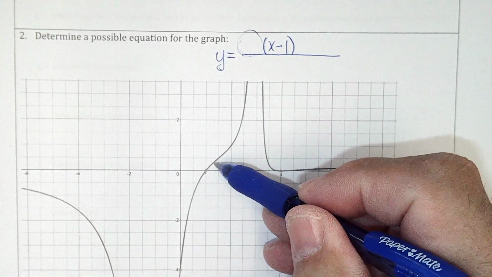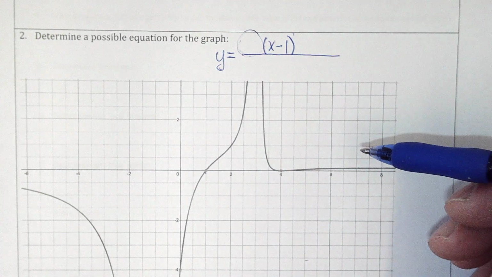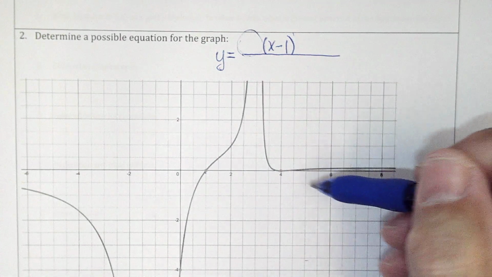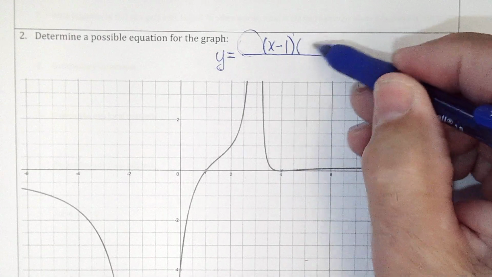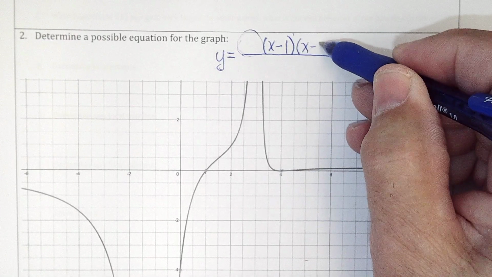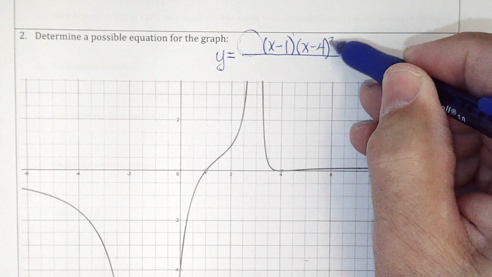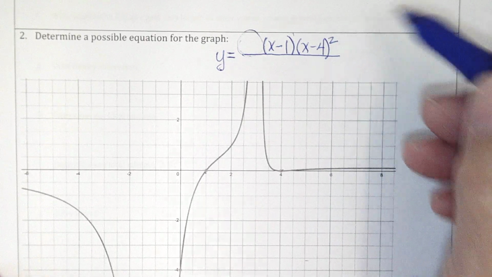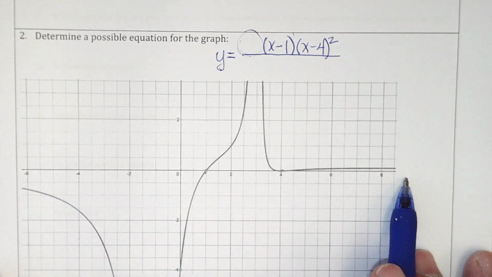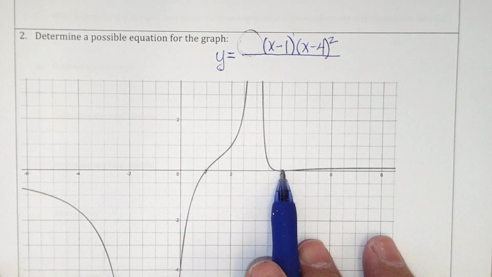And it went straight through, so it's to the power 1. And it looks like it bounces at 4. So there's going to be an x minus 4 twice. And that looks like all of them that I see. One there and a bounce there. So that's 3 of them.